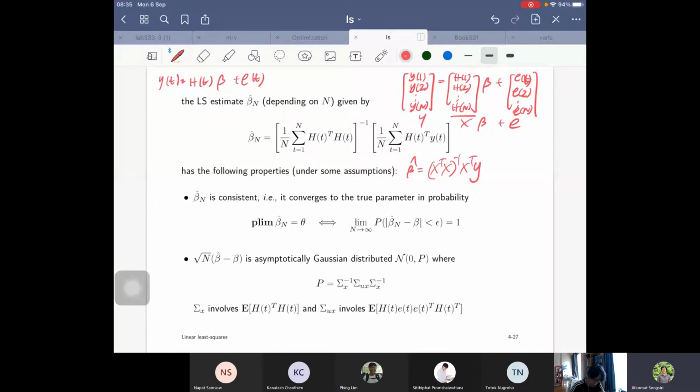X transpose will be h_1 transpose, h_2 transpose, up to h_n transpose, multiplied with h_1, h_2, up to h_n, the whole thing inverse, times h_1 transpose up to h_n transpose multiplied with y_t.